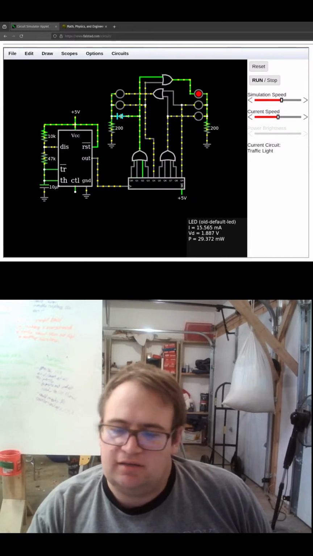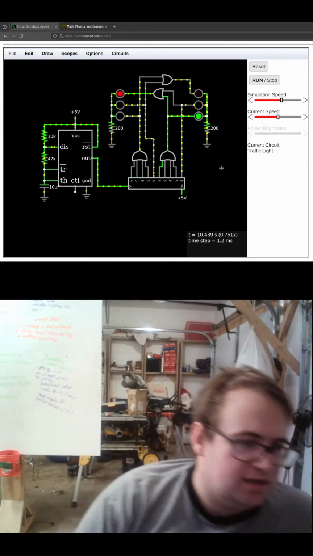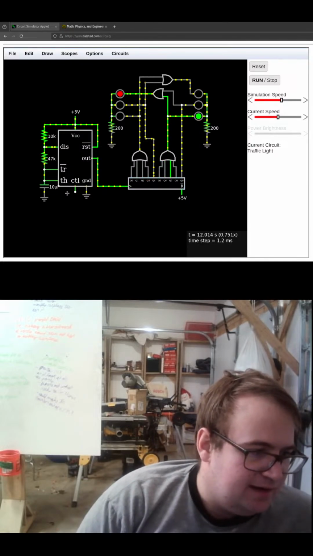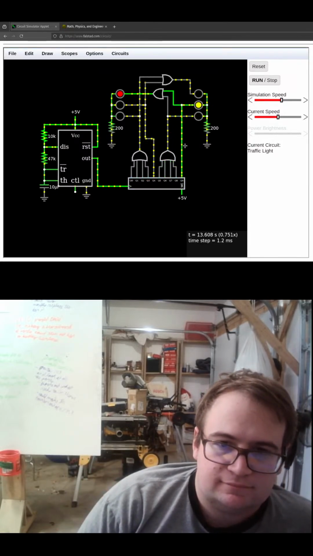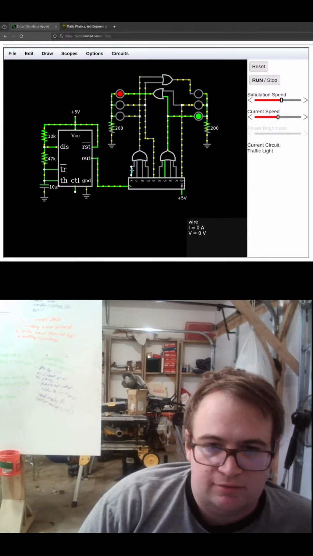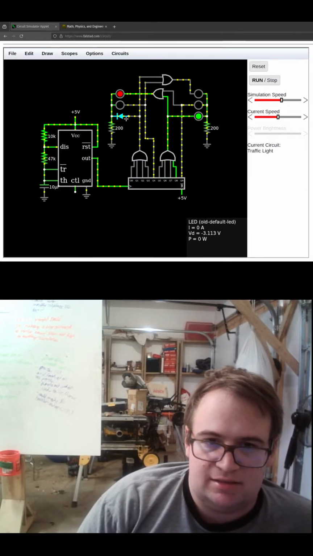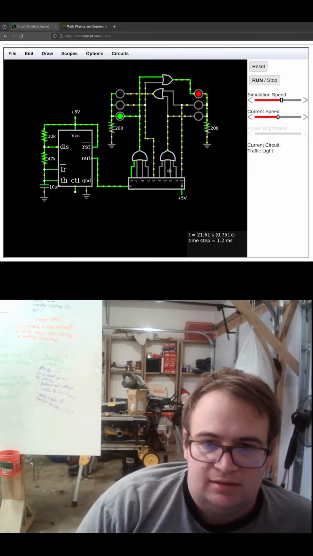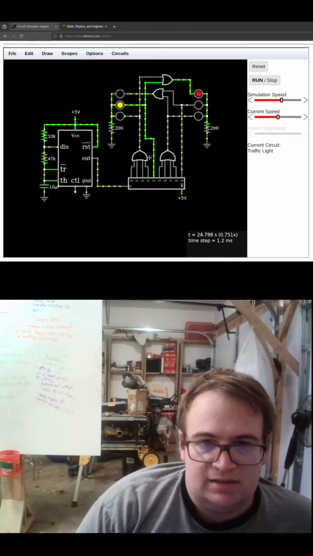Oh, this is green. Sorry, I'm red-green colorblind too. I'm just going to watch this for a second here. So we rotate through these. That's just the green light there. Then it rotates and hits there.